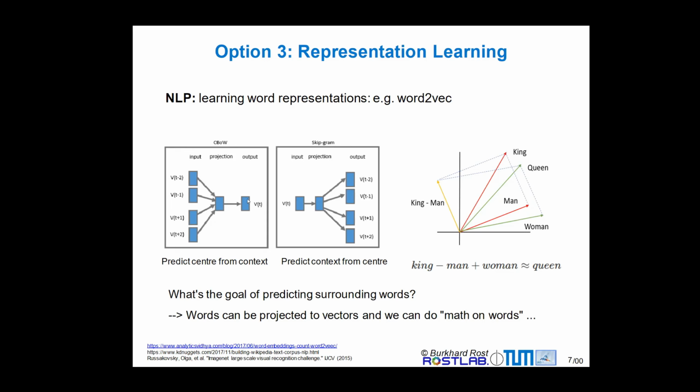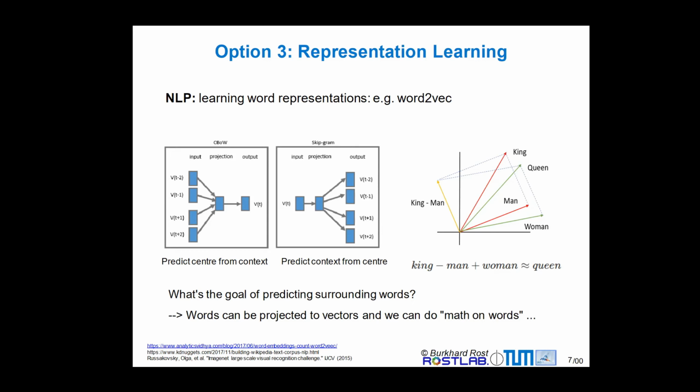We can just essentially throw away this final classification layer because this is what we are not interested in. Same goes here. We can throw away the output, but all that we want is the vector representation learned in here for a given word. So you feed in a word and then this gets projected to a vector, and this is what we're actually interested in. But what is the goal of this?